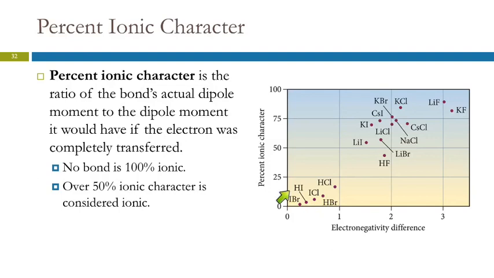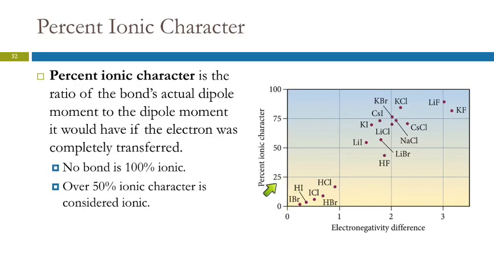So we see that we have these two clusters, right? We have a cluster down here, and we have a cluster up here. What do you notice that these things down here have in common? What kind of elements are in those compounds? All nonmetals, right? Two different nonmetals are going to have a difference in electronegativity. They're going to be polar, but it's just going to be a little bit.